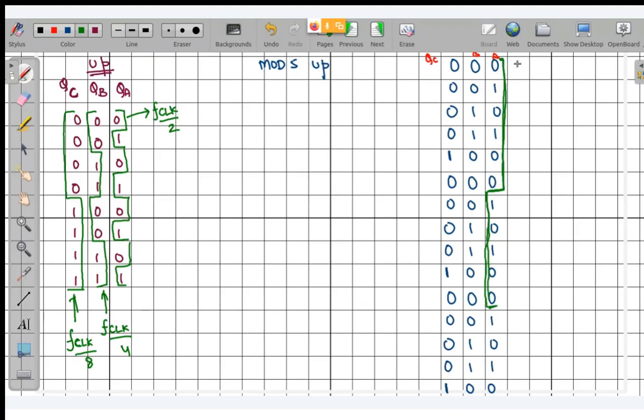So how many clock cycles are taking place? This is the 0th clock pulse, then first, second, third, fourth, fifth, sixth. Why am I getting sixth over here? Okay, sorry.